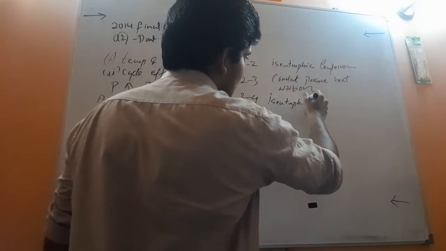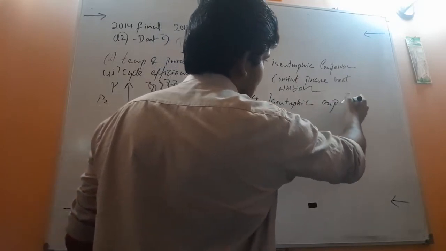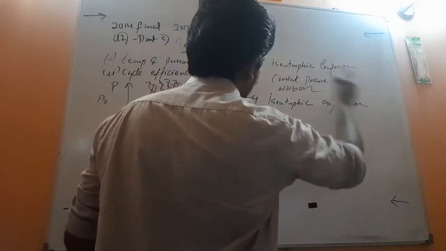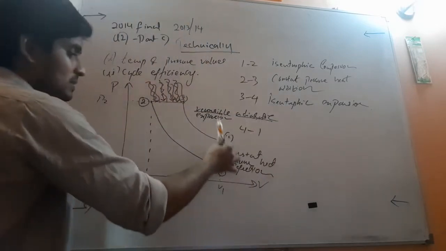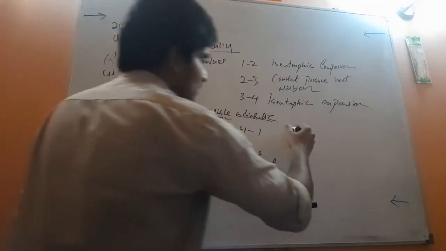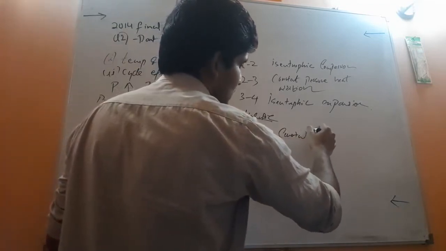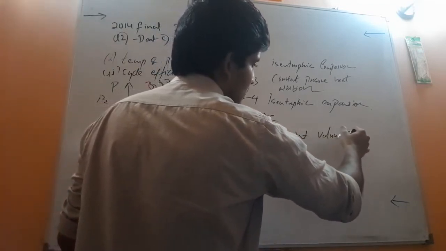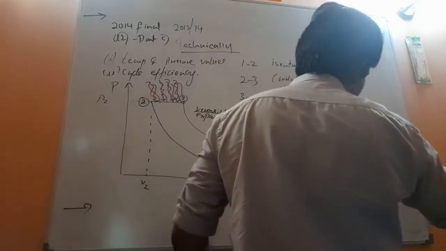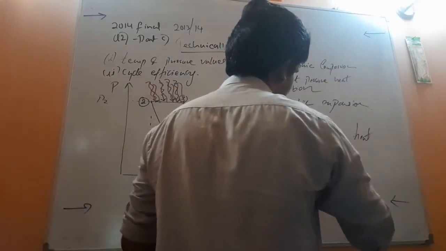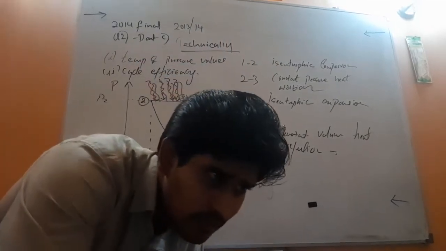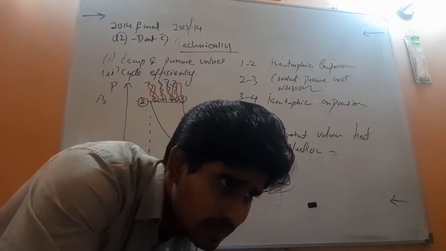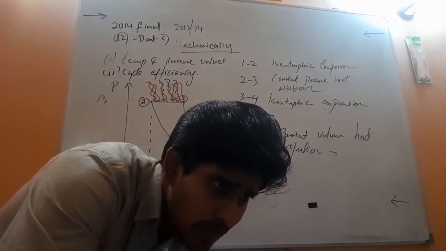And the last step, point 4 to 1, constant volume heat rejection. So now basically that is the process cycle.